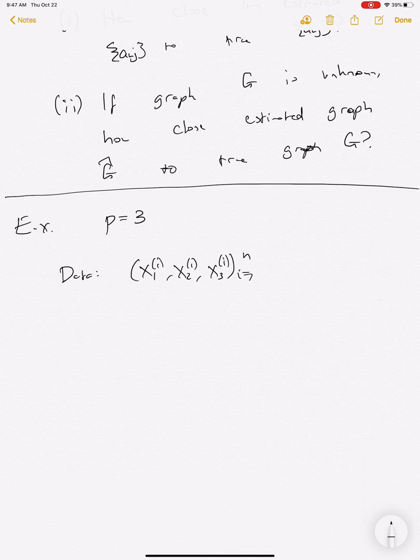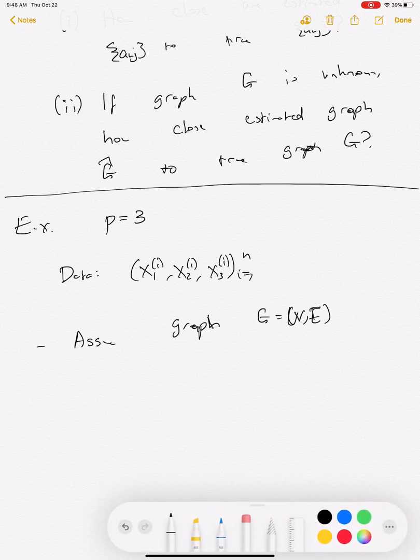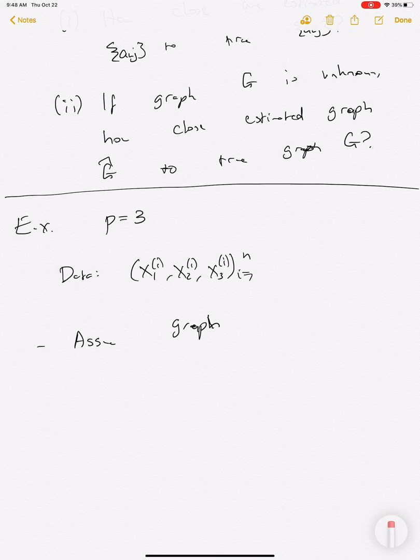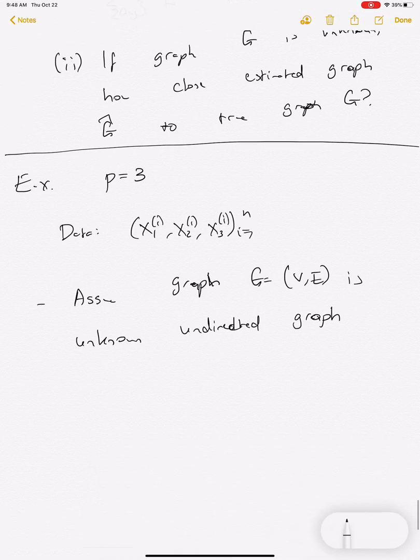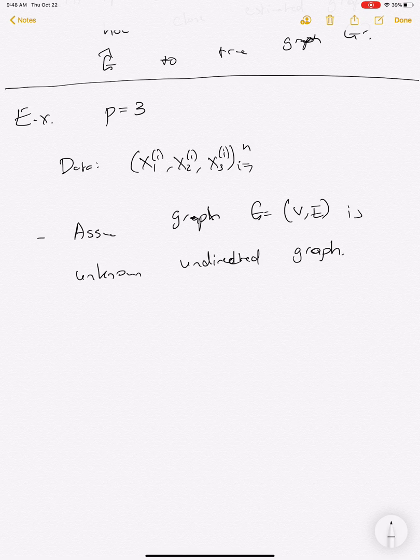Assume the graph G equals VE is an unknown undirected graph.